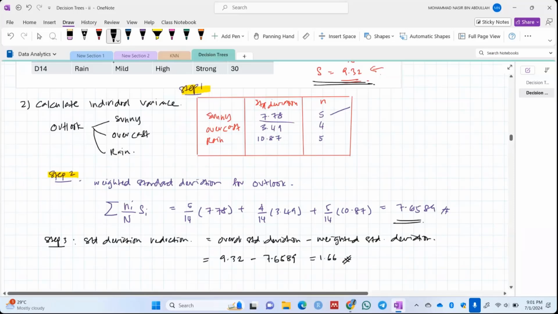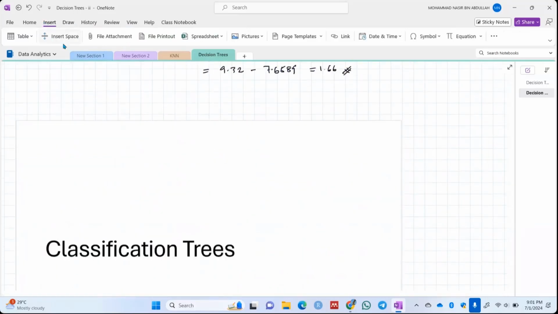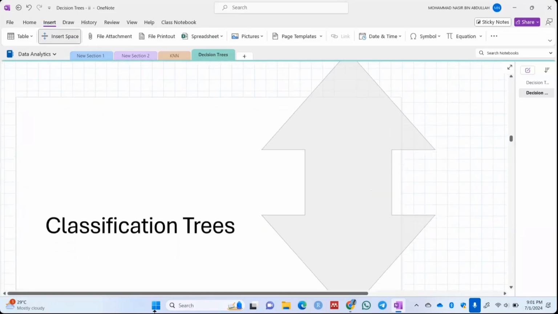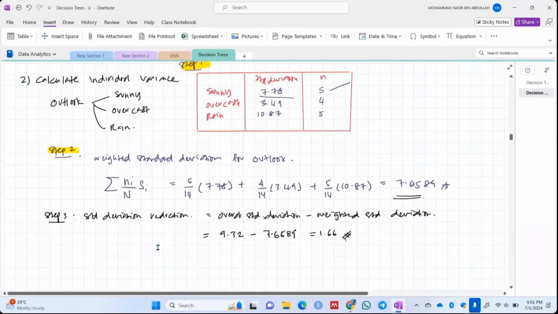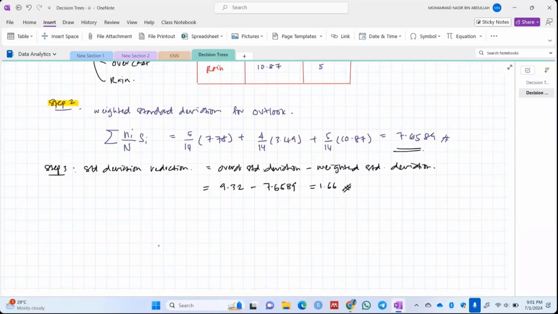Right? So we have 4 variables: outlook, temperature, humidity, and wind. So we need to calculate for all. Okay, so this is one. So let's look at another one, which is temperature. It's the same process.